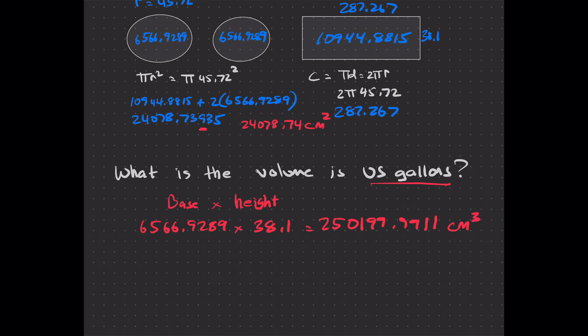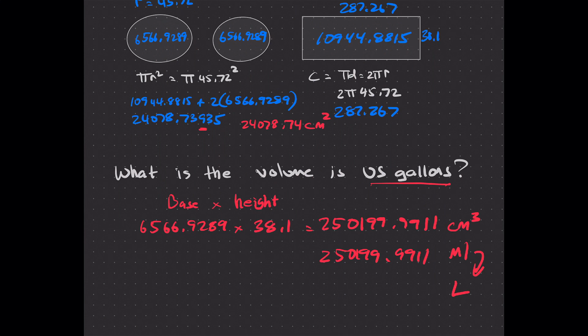Now looking at some of our conversion factors, I can now change that into milliliters, and basically it is the same number, except now converted to a different unit, milliliters. Now what do we want to do? We want to eventually get to gallons. The conversion factors that we have compare gallons to liters, so we now need to take milliliters and change that into liters.